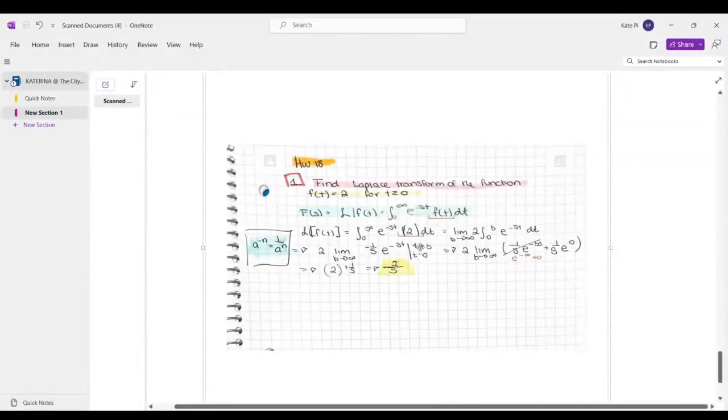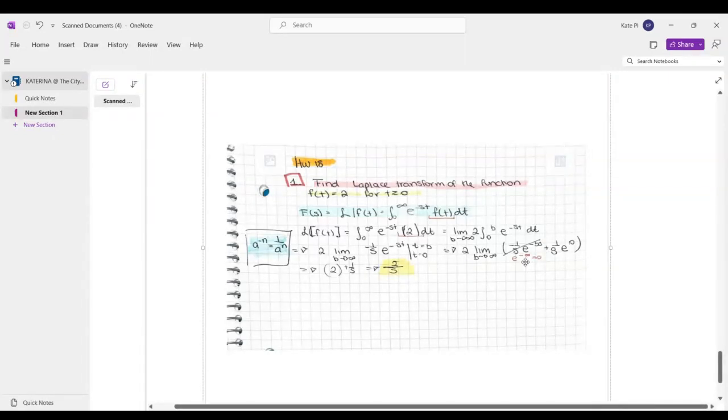It's t from t equals 0 to t equals b, and then for the t we would plug in 0 and b, which I did in my next step. So 2 is still out. 2 times the limit as b goes to infinity of negative 1 over s e to the negative b s plus, well, it goes minus 1 over s e to the power of 0, but you can just write it as a plus.